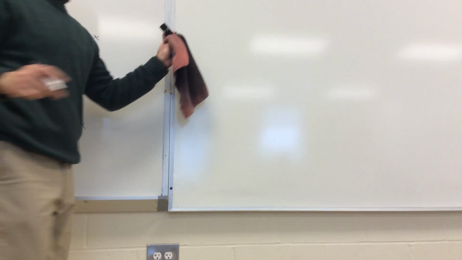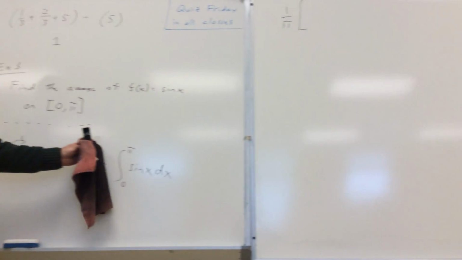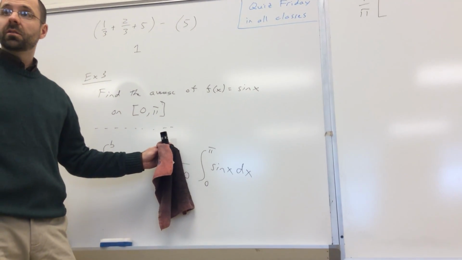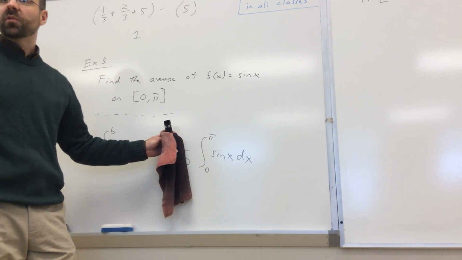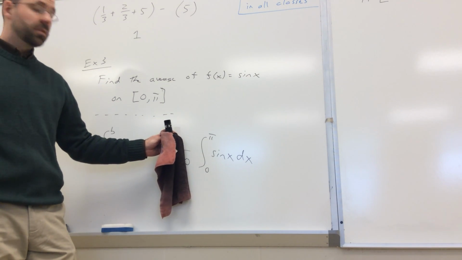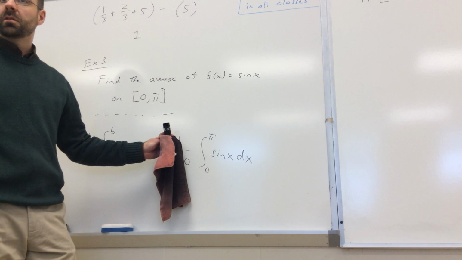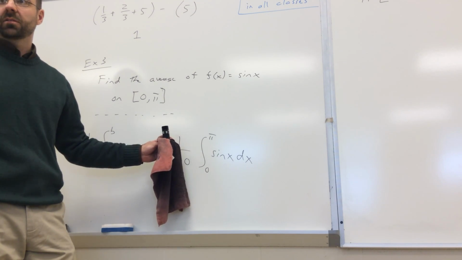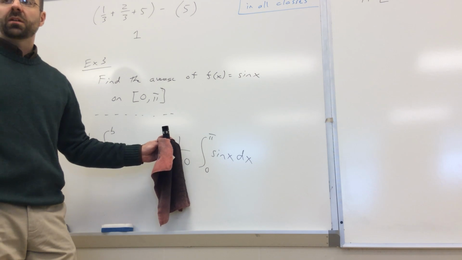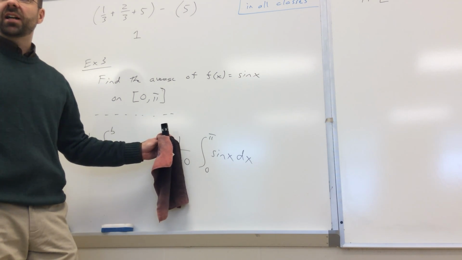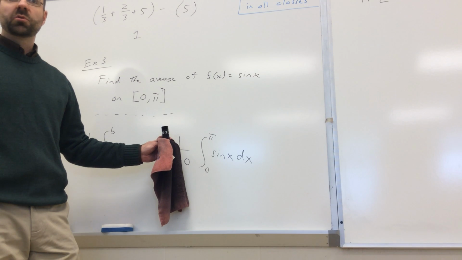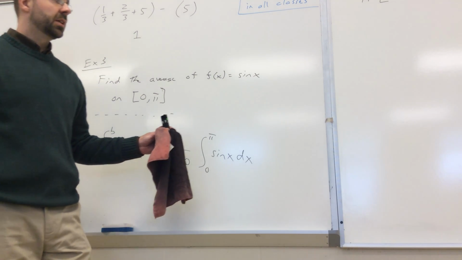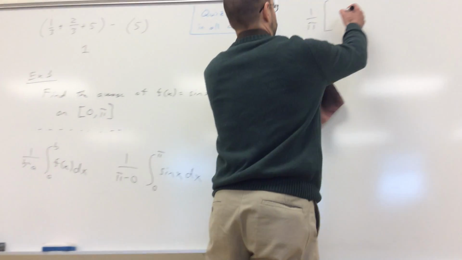Then I'm going to use my new trick to figure out this area. So what's the first step? Take the antiderivative of the sine of x, right? The antiderivative of sine of x is negative cosine.